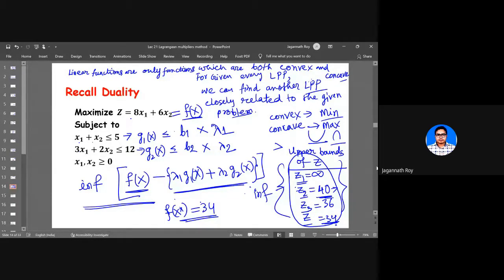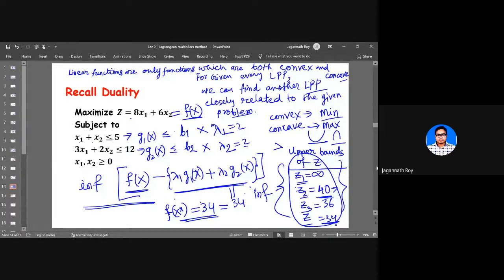If we select lambda 1 equals 2 and lambda 2 also 2, then this becomes 10. 5 into 2 is 10, then 12 into 2 is 24. So 24 plus 10 is 34. So this will also become 34.